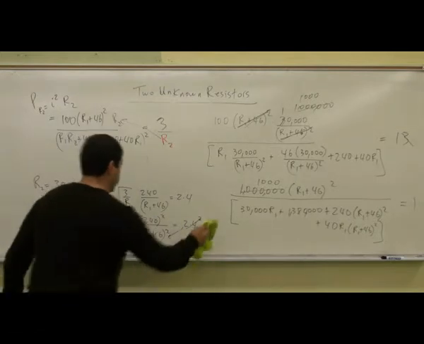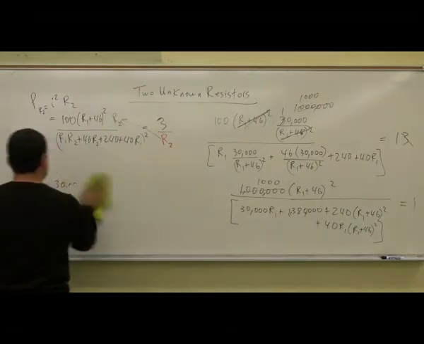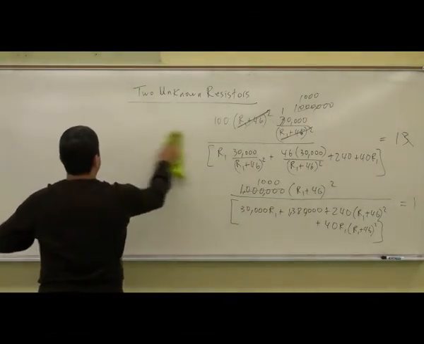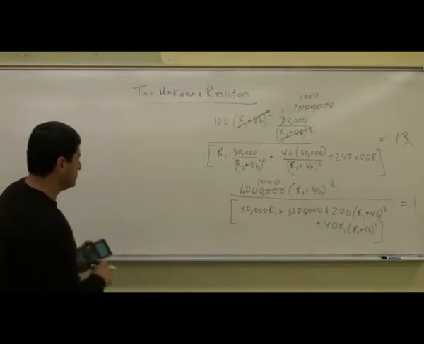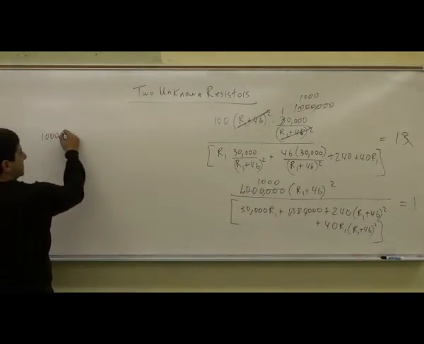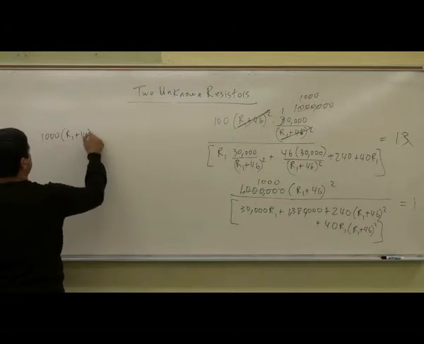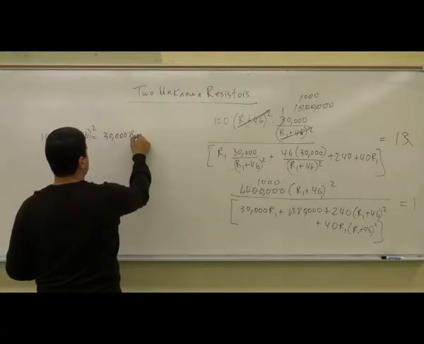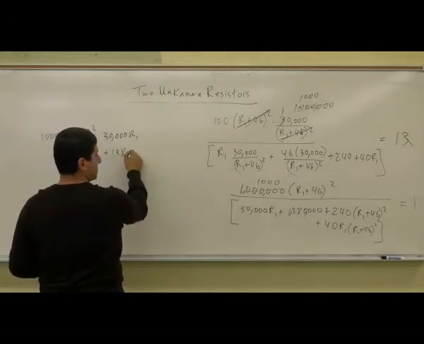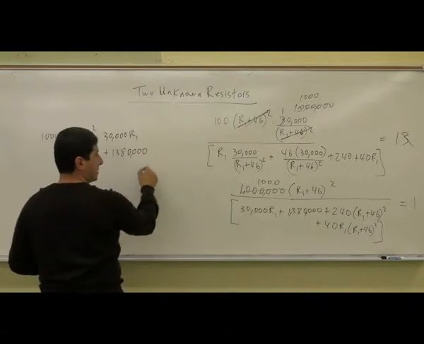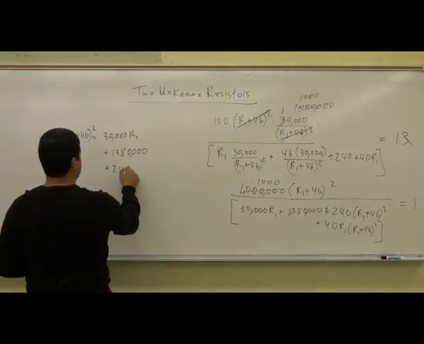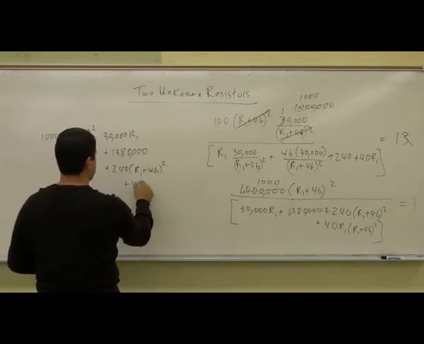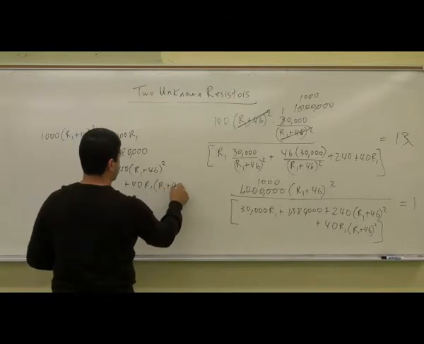So now, final step. This is 1000. R1 plus 46 squared is equal to 30,000 R1 plus 138,000 plus 240 R1 plus 46 squared plus 40 R1 plus 46 squared.